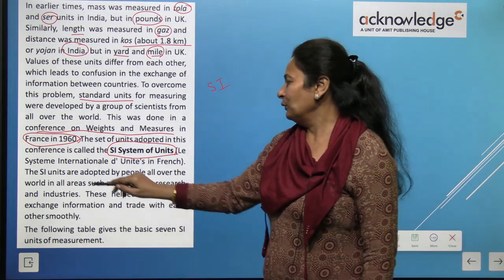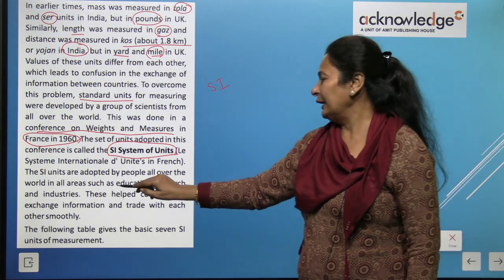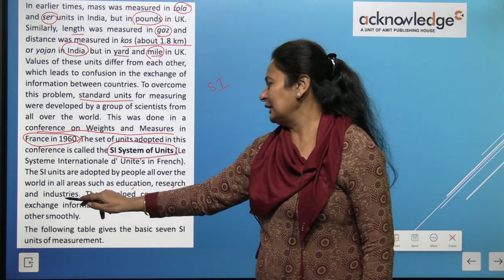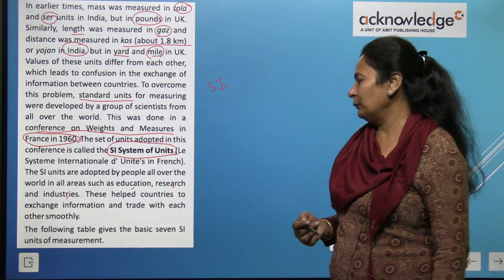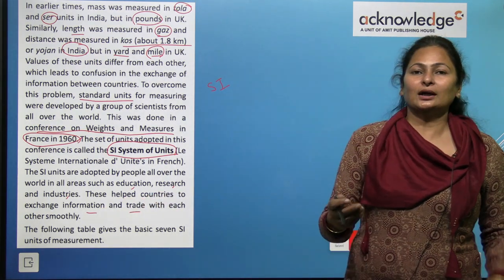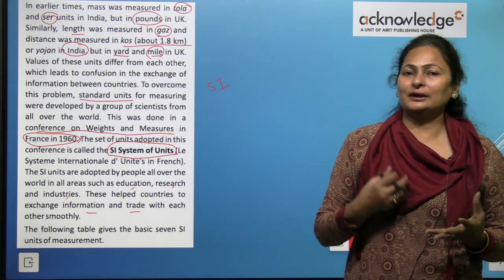The SI units are adopted by people all over the world in areas such as education, research and industries. These help countries to exchange information and trade with each other smoothly. Nowadays, import and export is also there.